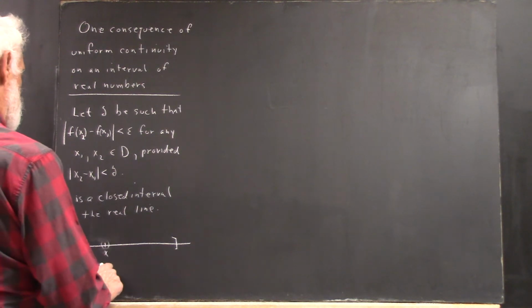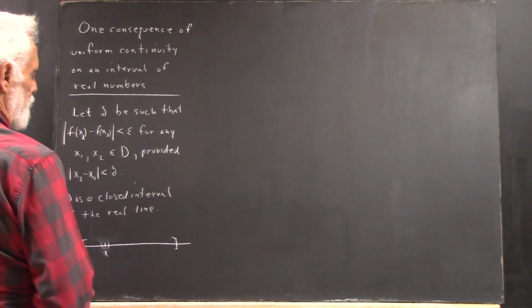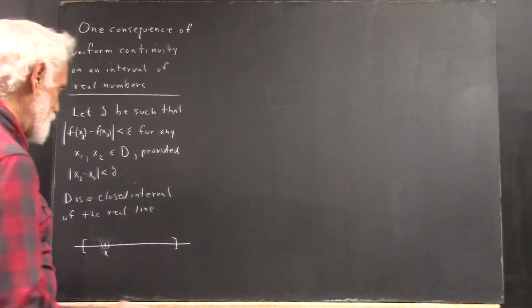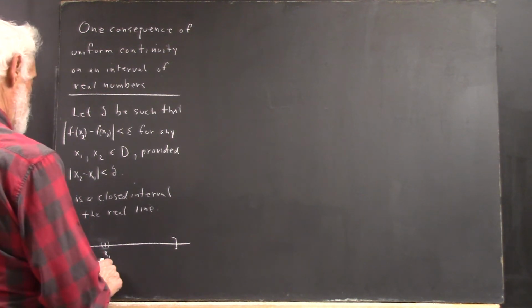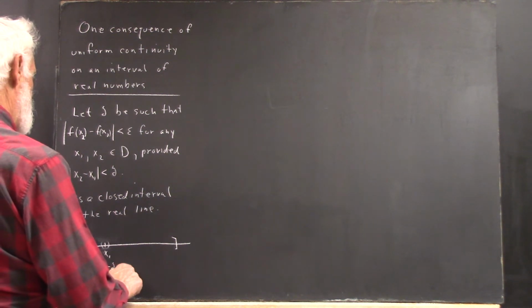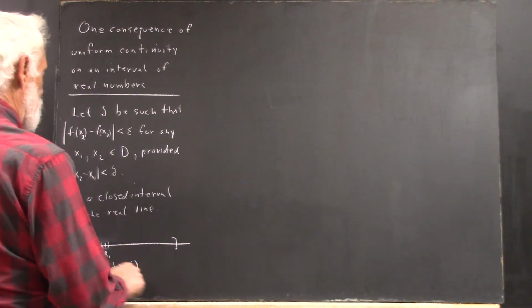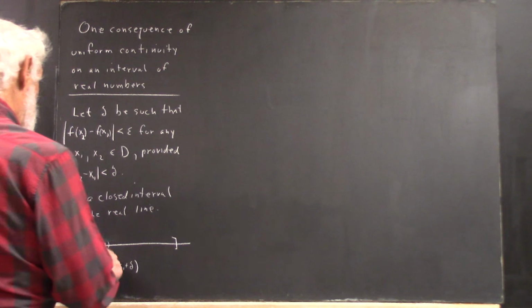And here's the interval defined by, again, I need a notation. Let's just let this be x1. So then this is the interval x1 minus delta, x1 plus delta. So there's a point in an interval.